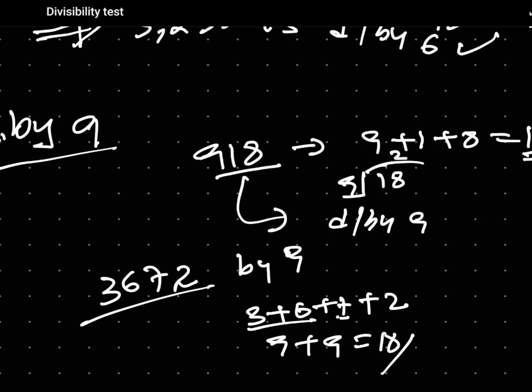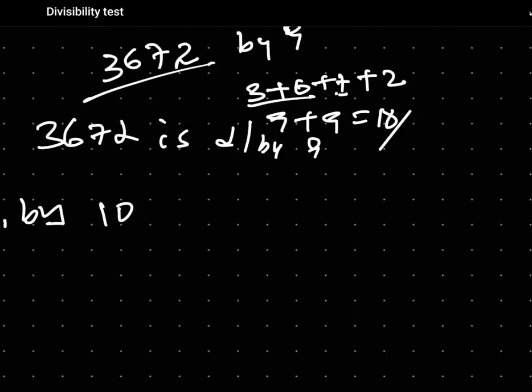So this is 18. You see, now 18 is divisible by 9. Because of that fact, 3,672 is divisible by 9.